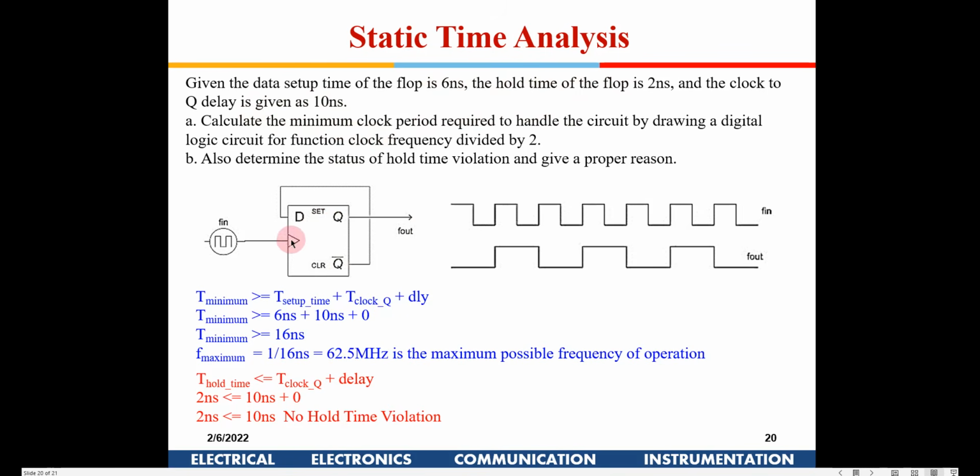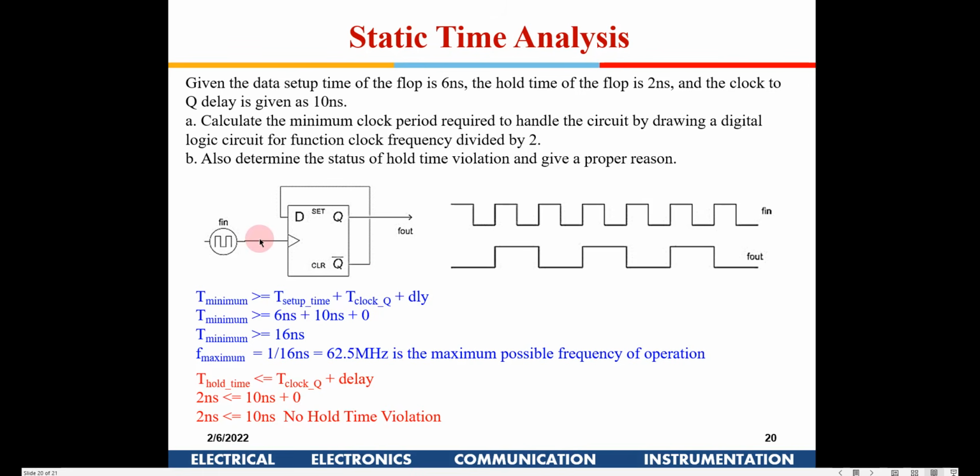From here to here it is going to take 10 nanoseconds, which is the delay, and then this is a short wire, so we are assuming there will be no delay here, and then the setup time is 6 nanoseconds. So we add 10 nanoseconds plus 6 nanoseconds. So T minimum is this, and 1 by T minimum will give you the maximum frequency possible for this particular configuration. Is it clear?